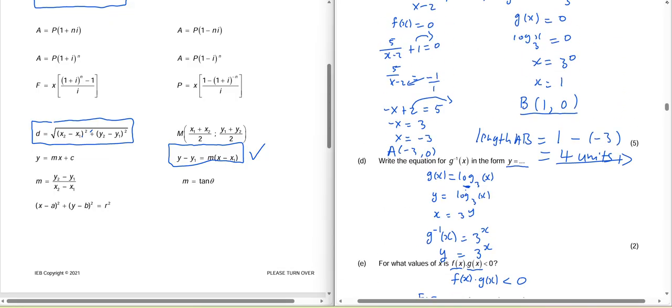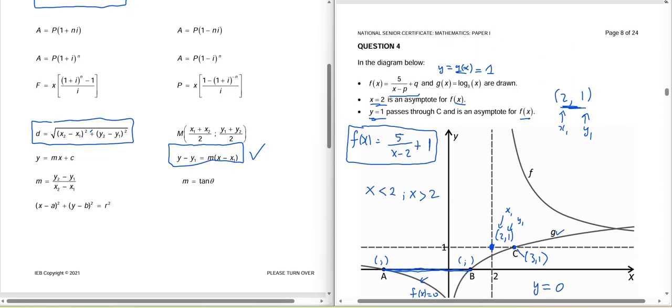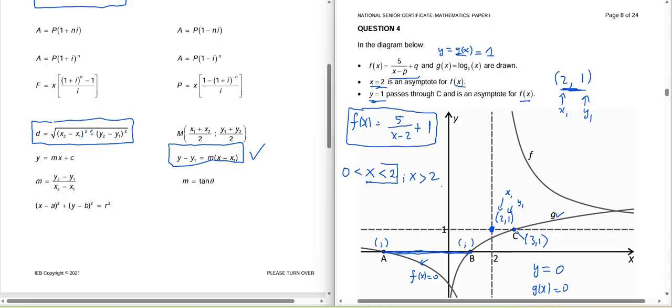Now let's go and check, because we said x can be less than 2 or x can be greater than 2. Now here we can see that x is less than 2. Now we can consider the domain for that g graph. It is coming from x greater than 0 until 2.